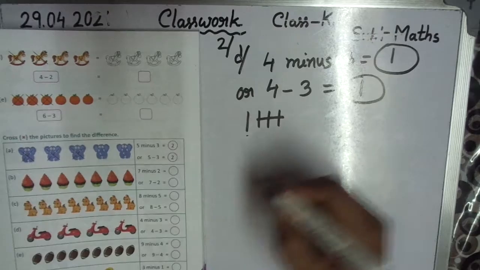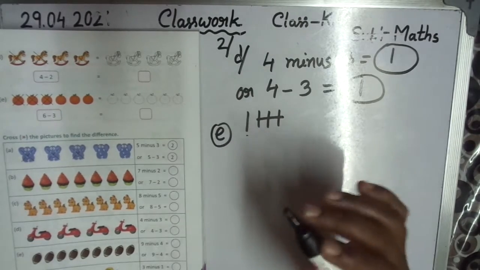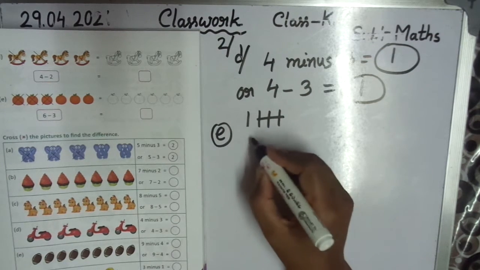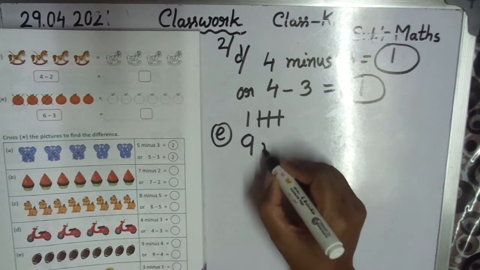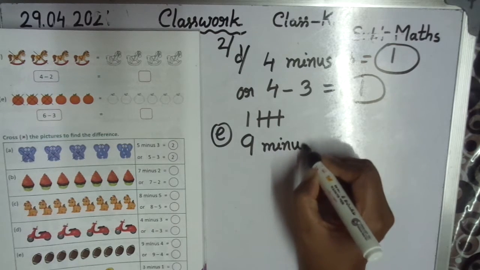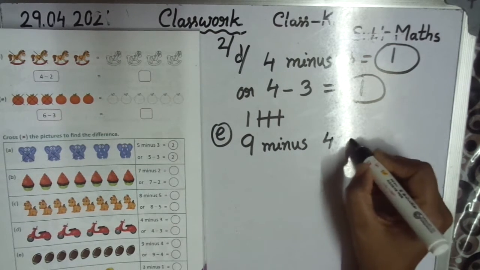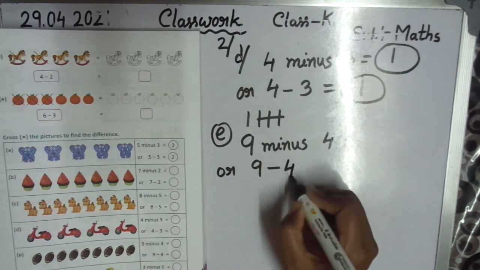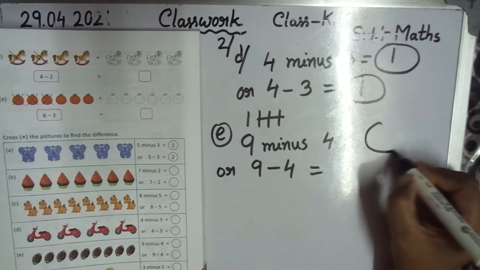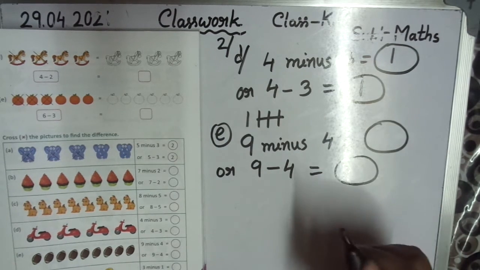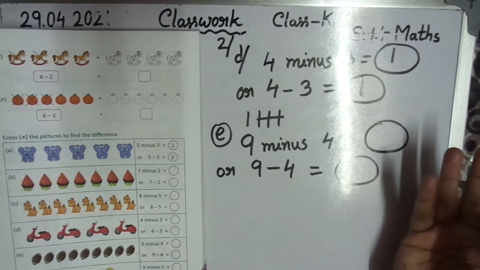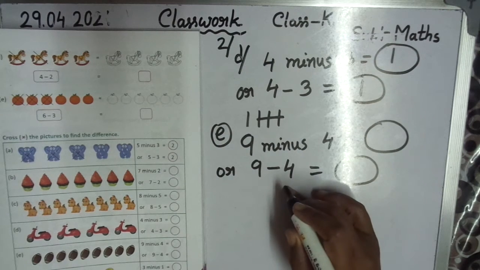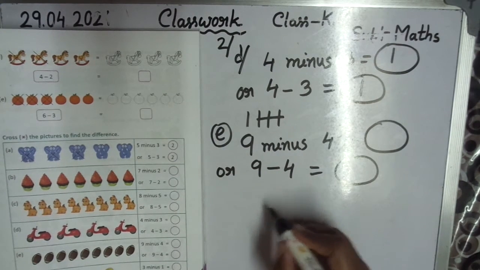Okay. Next, E. I hope everyone understood. Question E: 9 minus 4, or 9 minus 4 is equal to. The question is the same, 9 minus 4 is the same.